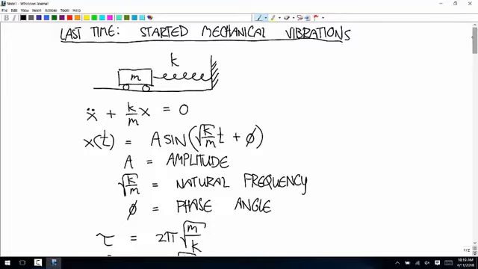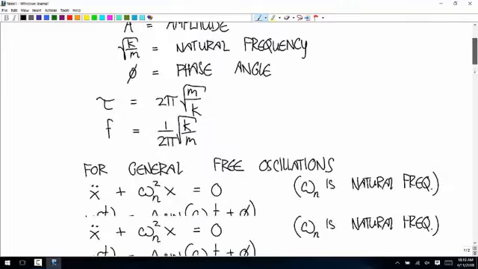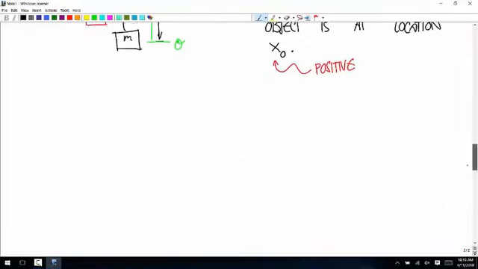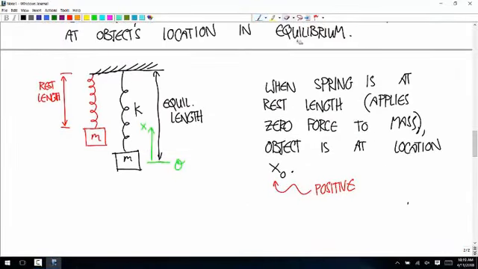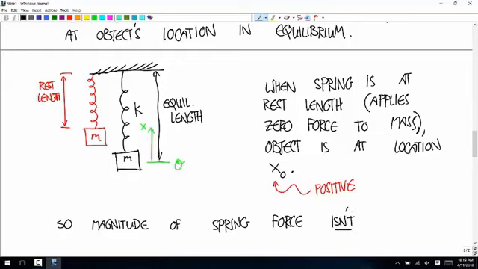And so the magnitude of the spring force isn't kx anymore.